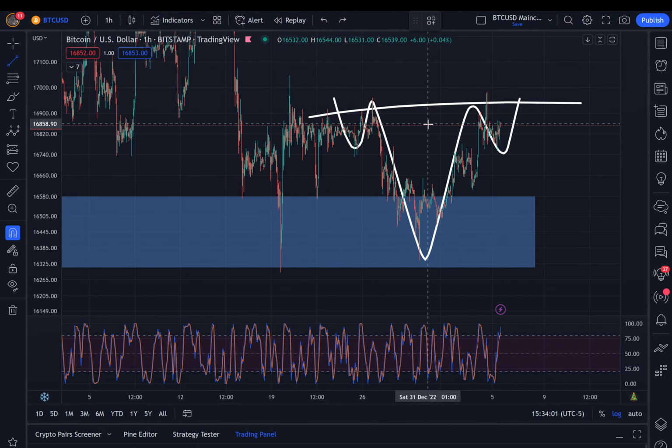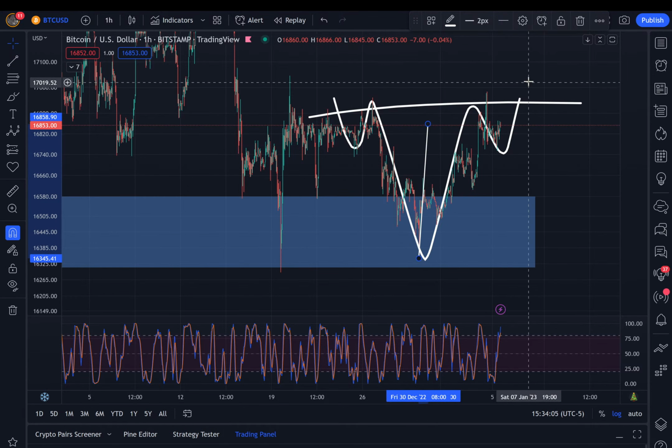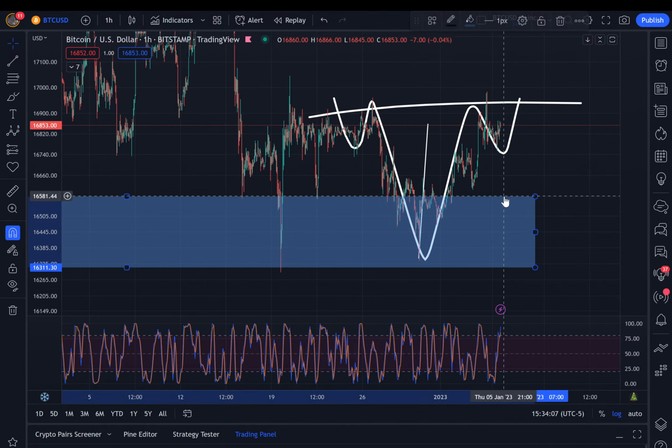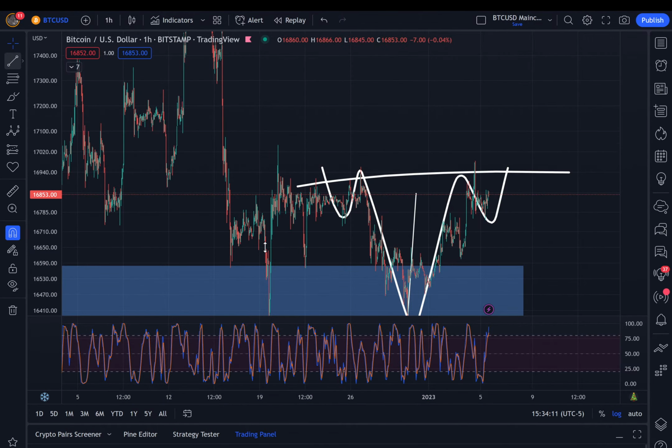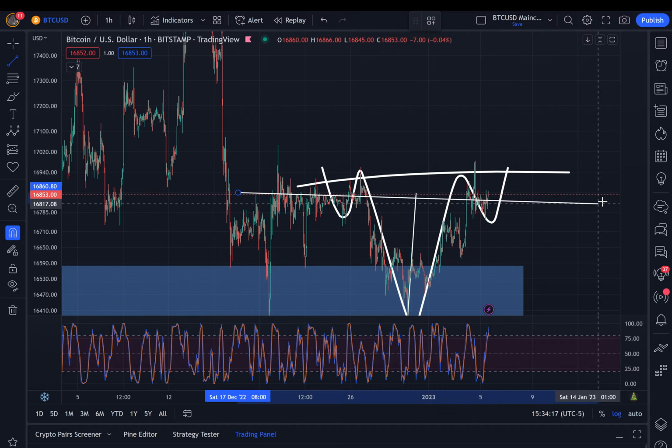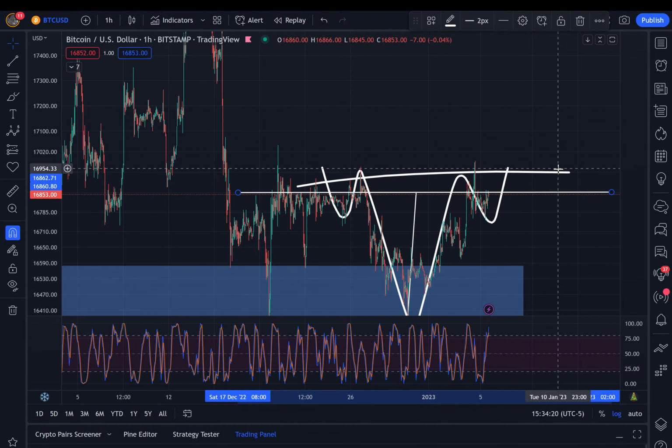Superimpose it from the site of breakout, which is from the neckline, which I would say is here, right where we're at right now. Okay, so let's just clean this up a little bit.